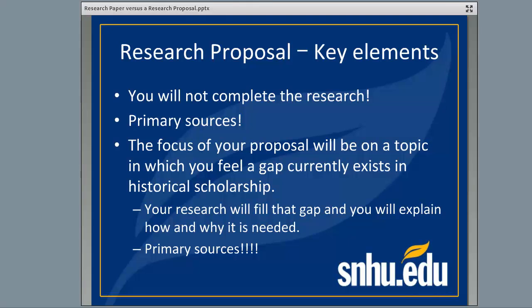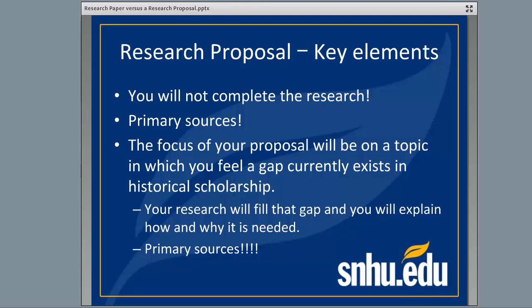That gap will be identified by you within your overall proposal, following research within the current secondary source material that you've identified related to your topic. Your research will fill the gap and you will explain both how and why it's needed. Finally, again, primary sources, very, very important to the research proposal.